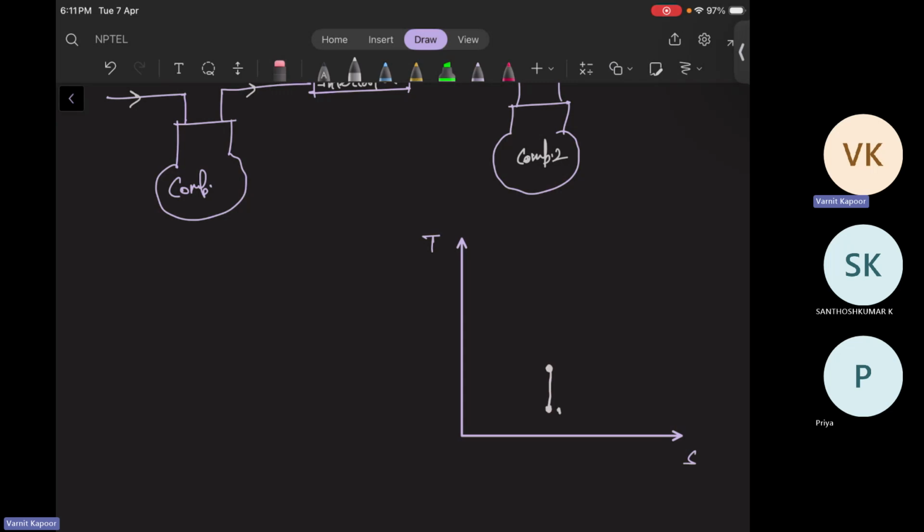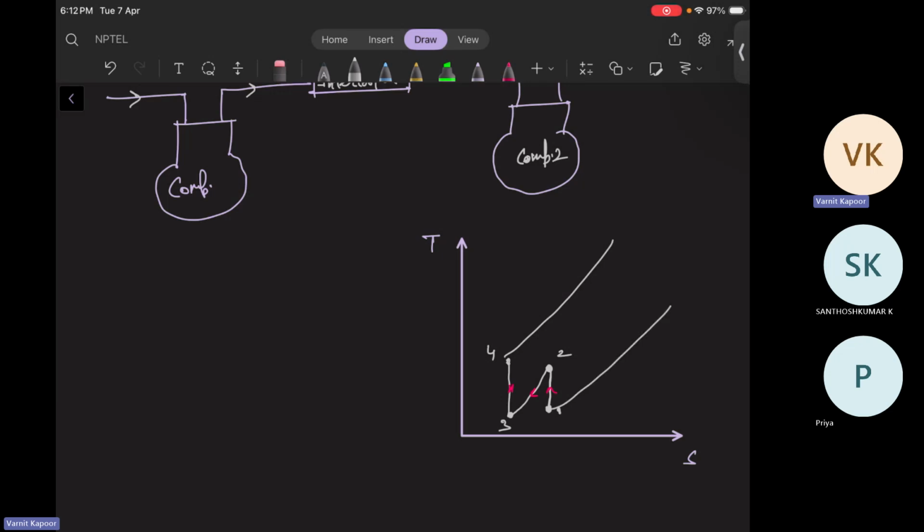From 1 to 2, the pressure increases as well as the temperature. Then it passes through an intercooler, and at the same pressure the temperature is decreased to 3. Then again the pressure and temperature increase when it passes through the second compressor. Similarly, the graph will continue further.